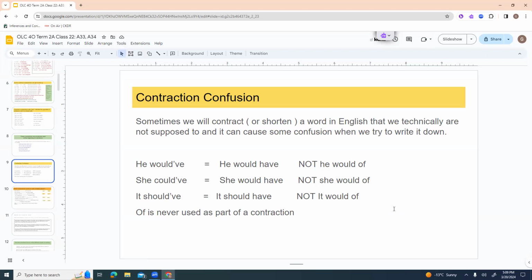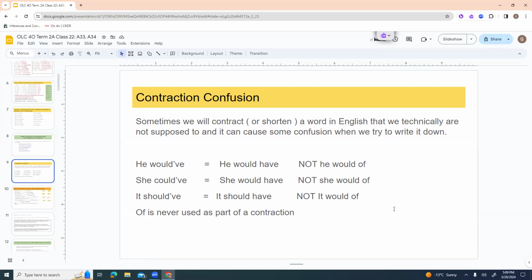Because would and of don't go together in English. Would needs to be in front of a verb. It can't be in front of a preposition. It doesn't make any sense, right? Because would is describing how you're going to perform a certain type of action, and there's no action involved in the word of. She would have, not she would of.